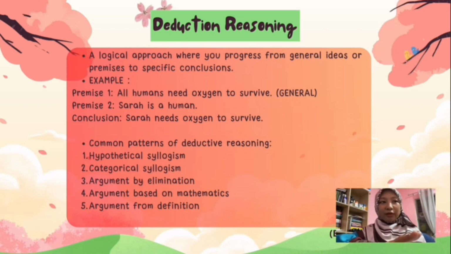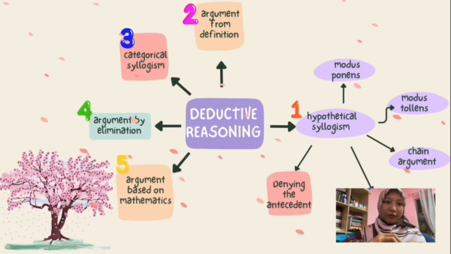Deduction reasoning has 5 types of common patterns, which is hypothetical syllogism, categorical syllogism, argument by elimination, argument based on mathematics, and argument from definition. Next, this is the mind map that I created to increase understanding so that you can see the overall of deductive reasoning that I will cover for today.